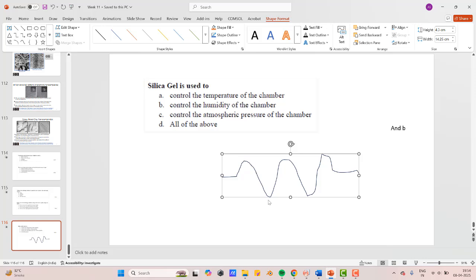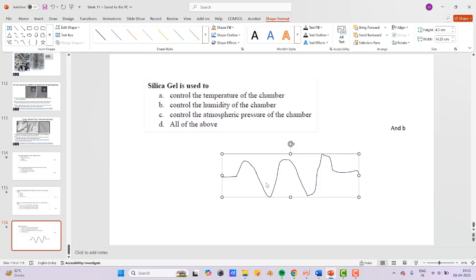So what are the options? Clearly it should be less than 100 only, because the roughness is 100. The distance between the peak and valley is 100. So the depth of field will be around this dimension only, maybe from 50 to 100, or it can be from 100 to 150.